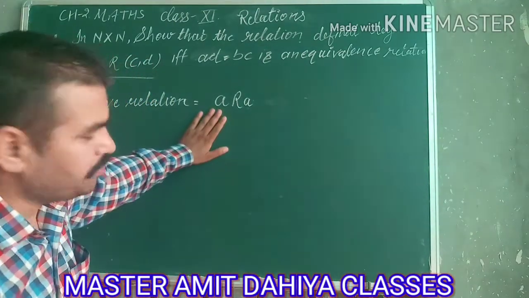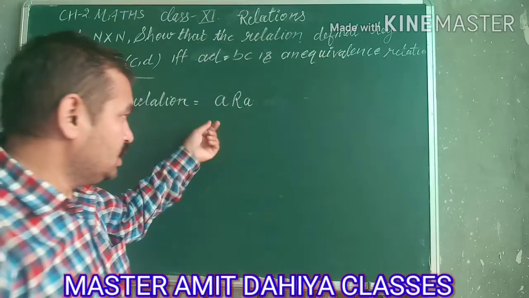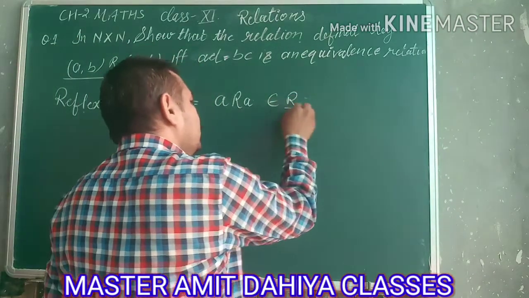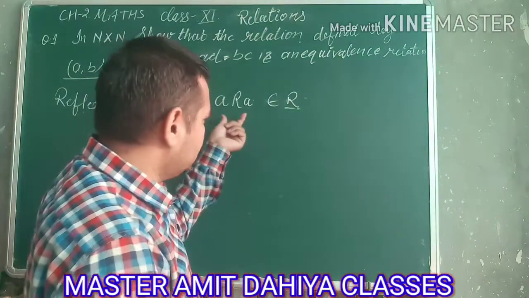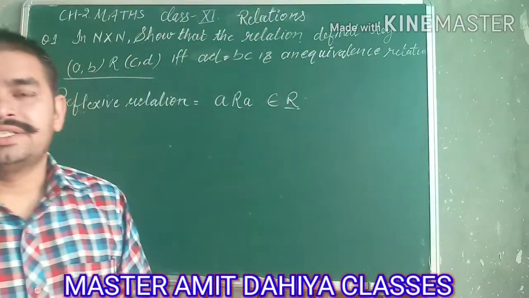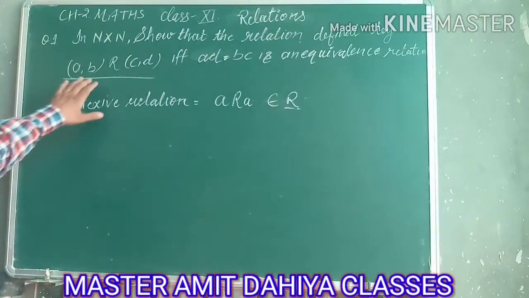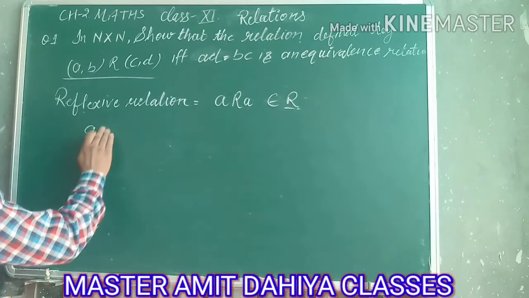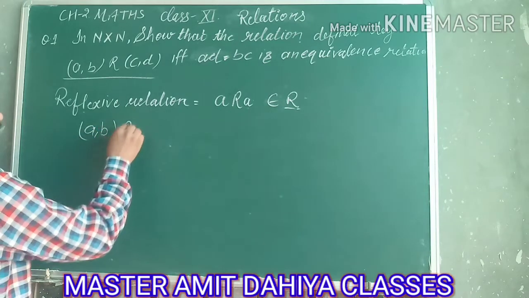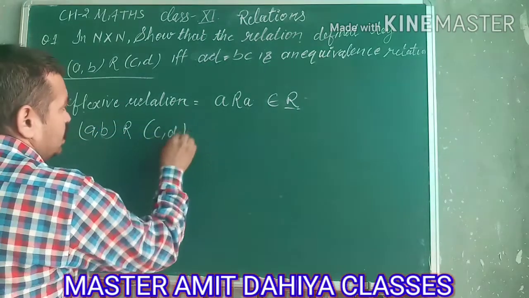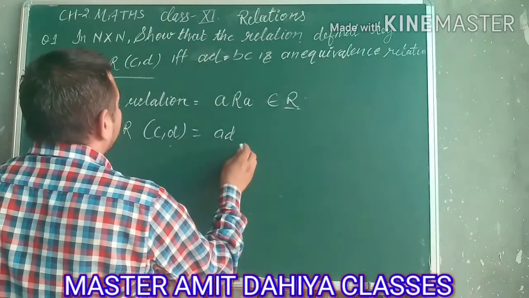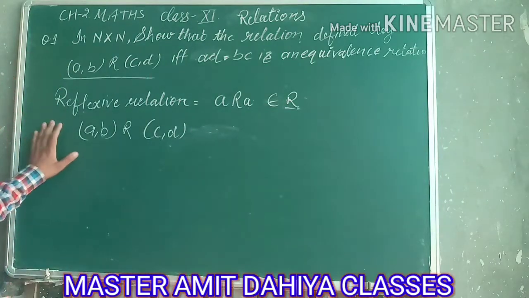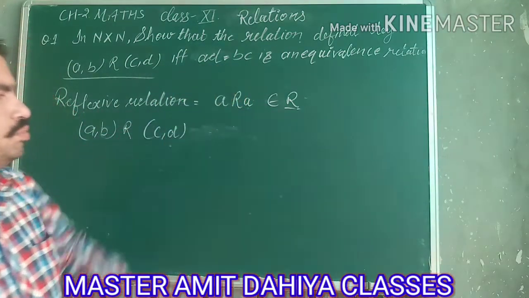If any relation is given and (a, a) belongs to the relation, or it satisfies this condition, then we can say that it is reflexive. So the condition given is: (a, b) R (c, d) if and only if AD is equal to BC.